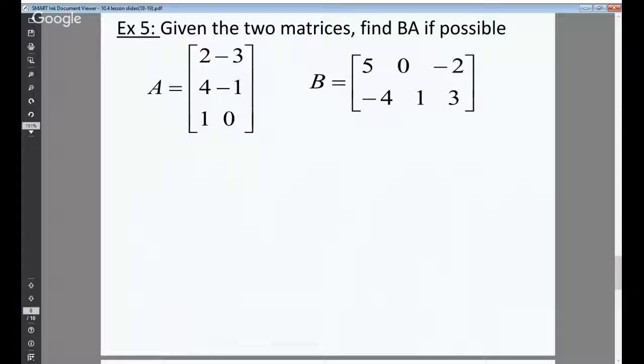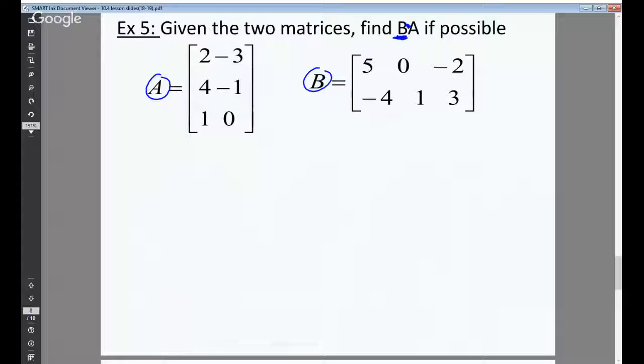Given the two matrices, find B times A, if it is possible. Notice how this time we still have the same two matrices, matrix A and matrix B, but now we're multiplying so that the B is in front.